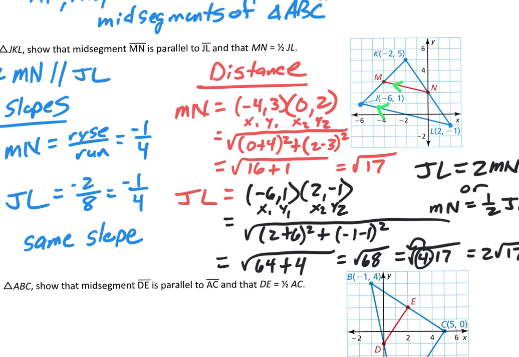And MN, the mid-segment, is going to be half the length of the side that it is parallel to. The one side that it doesn't touch. So these are the 2 sides that it's the midpoint of. The third side that it does not touch, it'll be half the length of, if it's a mid-segment, okay? Those 2 things will always be true today.